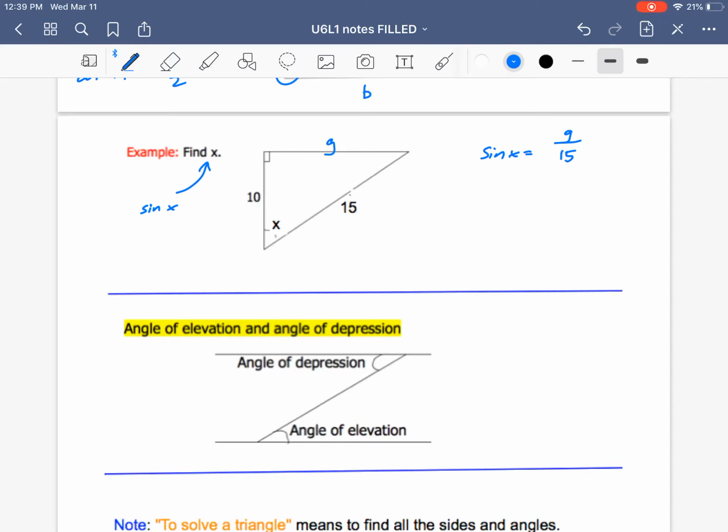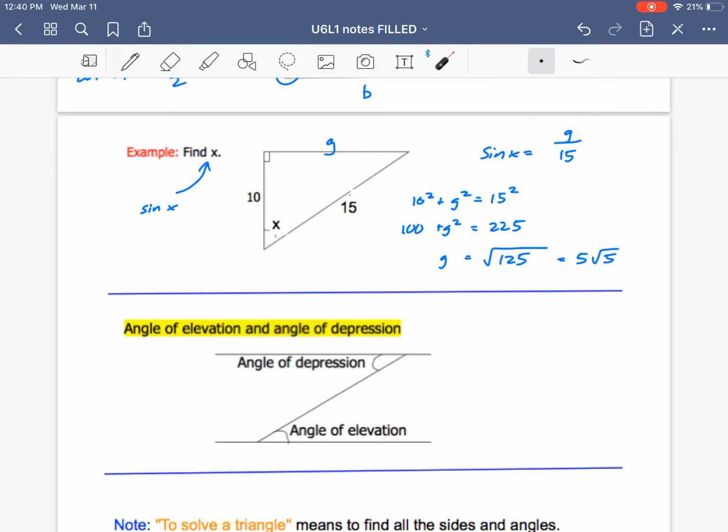We know that 10 squared plus g squared is equal to 15 squared. So that means 100 plus g squared is equal to 225. g is equal to the square root of 125, which is 5 root 5, I believe.